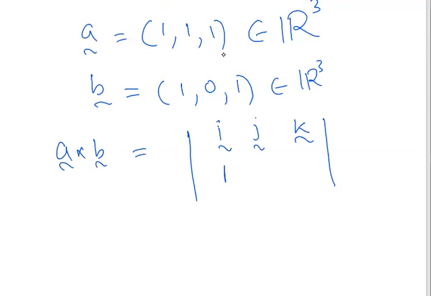Coefficient of x is 1, coefficient of y is 1, and the coefficient of z is 1. And then the coefficients of B: 1, 0, 1. Now simplify this determinant.